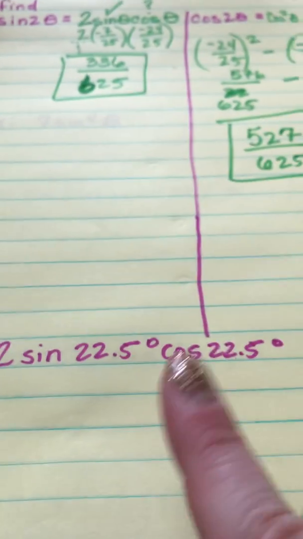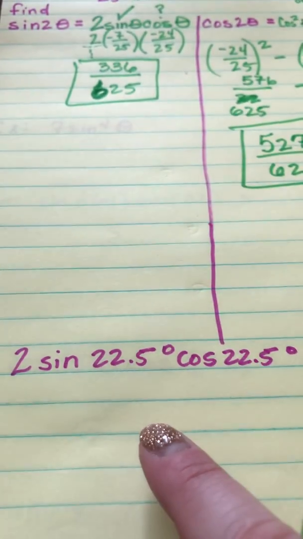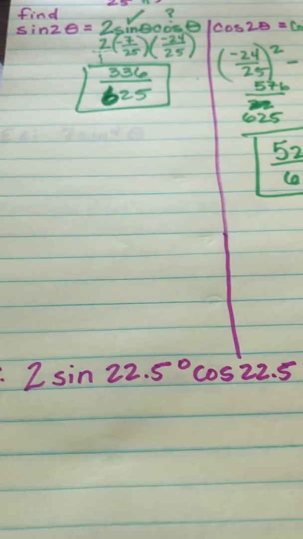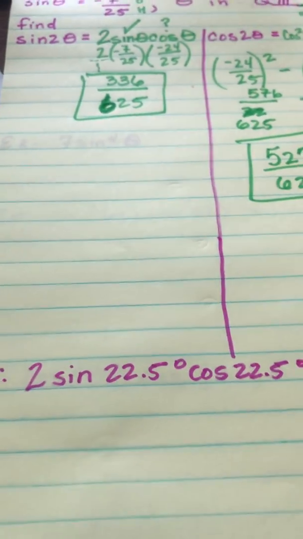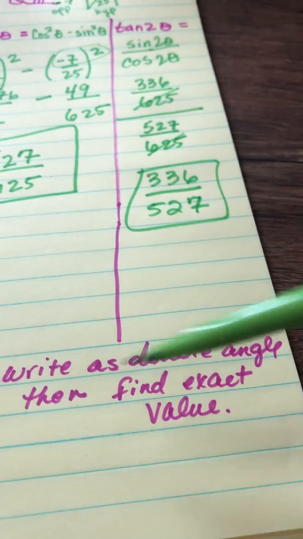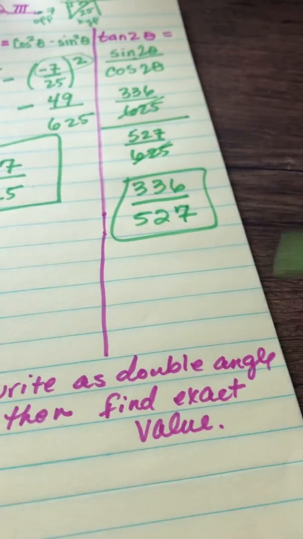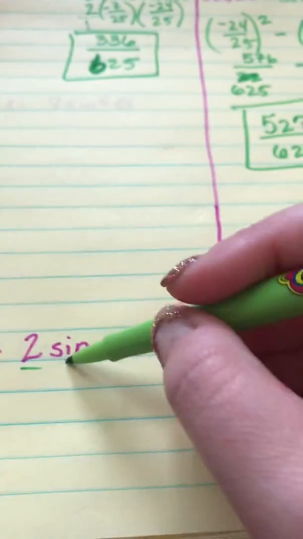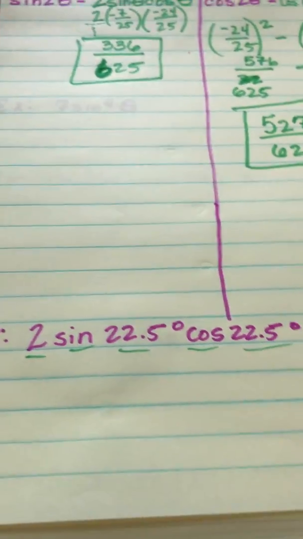This next one says, write the following expression as the sine, cosine, or tangent of a double angle, then find the exact value of the expression. So we're going to write as a double angle, then find the exact value using the unit circle. So we're going to look at our double angle formulas right here, and we're going to look for one that says 2 sine something, cosine something.